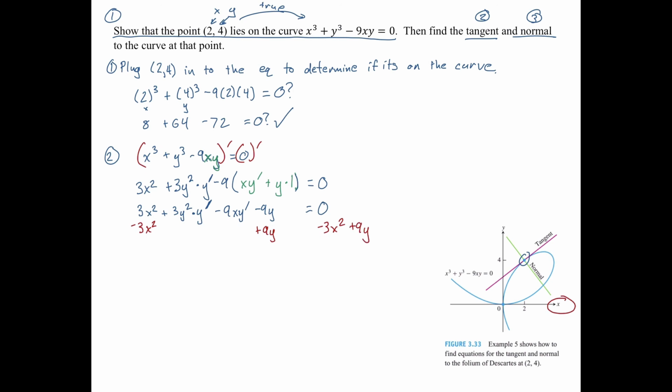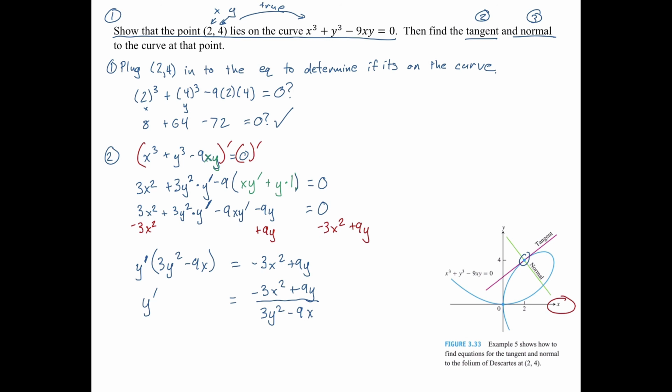In doing so, we have 3y squared minus 9x, and those both have a common y prime, so we factor out the y prime, and that will be equal to what we just subtracted and added to the other side, the minus 3x squared plus 9y, and then lastly we find y prime is equal to minus 3x squared plus 9y, all of that over 3y squared minus 9x. So it took us a little while to get there, but indeed we got there.